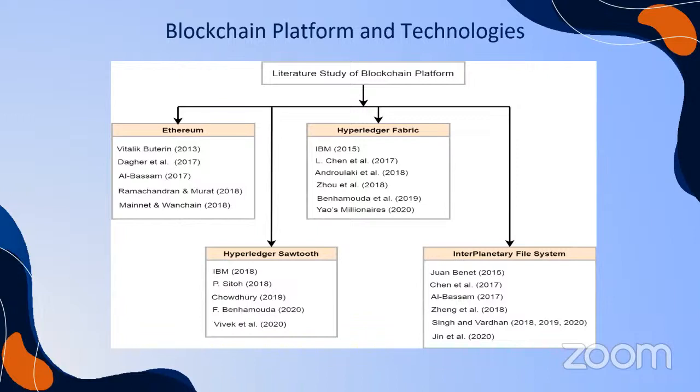Sawtooth utilizes a novel consensus algorithm called proof of elapsed time, which depends on Intel SGX, meaning Intel Software Guard Extensions. Intel Software Guard Extensions is a trusted execution environment integrated into Intel's new generation processors.